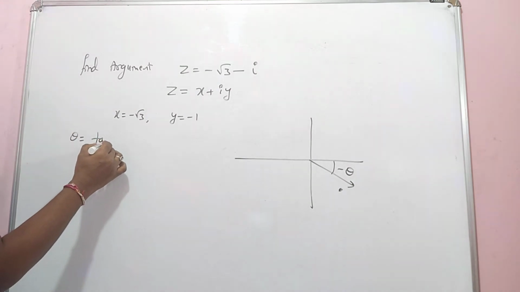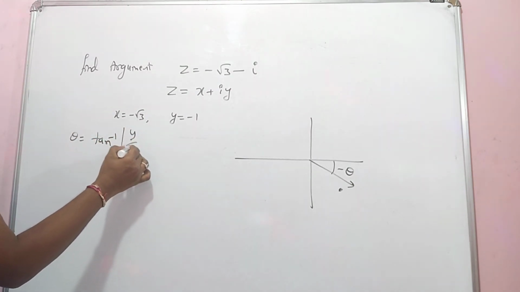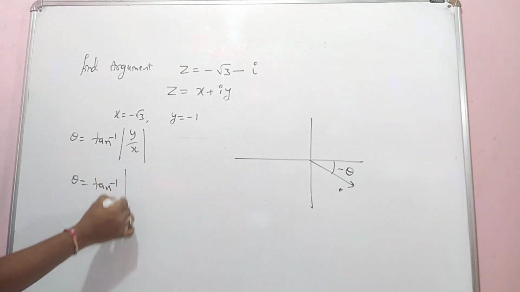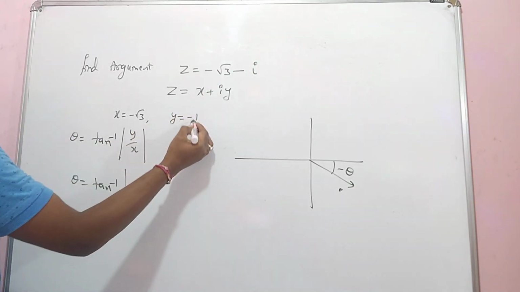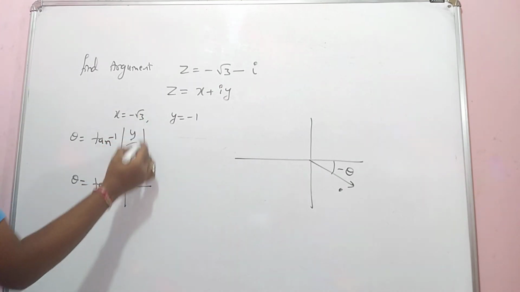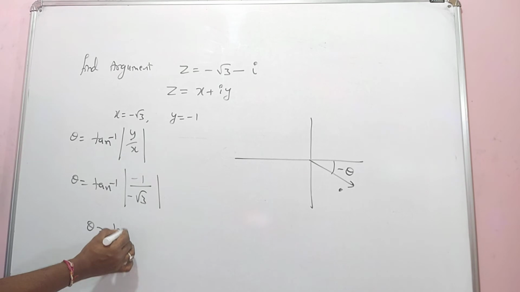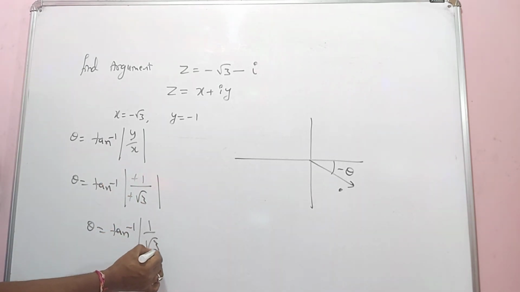Theta is equal to tan inverse y by x. What is y here? y is -1. x is minus root 3. So theta is equal to tan inverse in modulus. All things are positive, so you can consider theta as 1 by root 3. When does tan theta equal 1 by root 3?